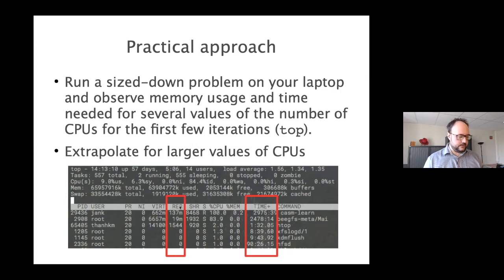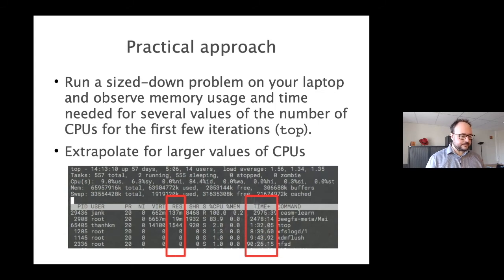That is the RES column here. It also gives you the running time of the job, and the percentage of the CPU it has been using. With this information, you can have an idea of how much it could take on a larger cluster by using more cores. It's a very rough number, but it's one that you can at least use.